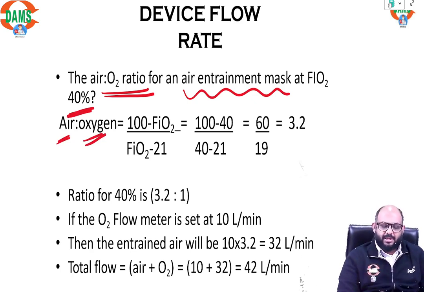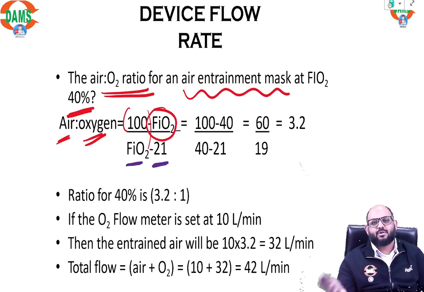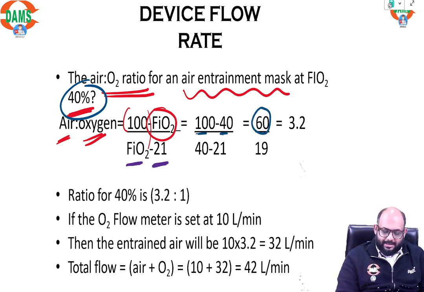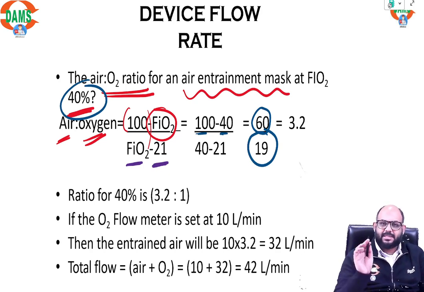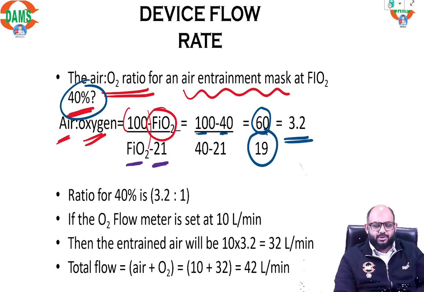How much would be the air? 100% minus the FiO2 that you are keeping for that particular valve, and the oxygen is whatever FiO2 you are keeping minus 21, that is the oxygen present in the air. Suppose it is 40% FiO2, so 100 minus 40, that is 60% air and 19% extra oxygen that you are giving. That is the ratio of air to oxygen is 3.2 to 1.